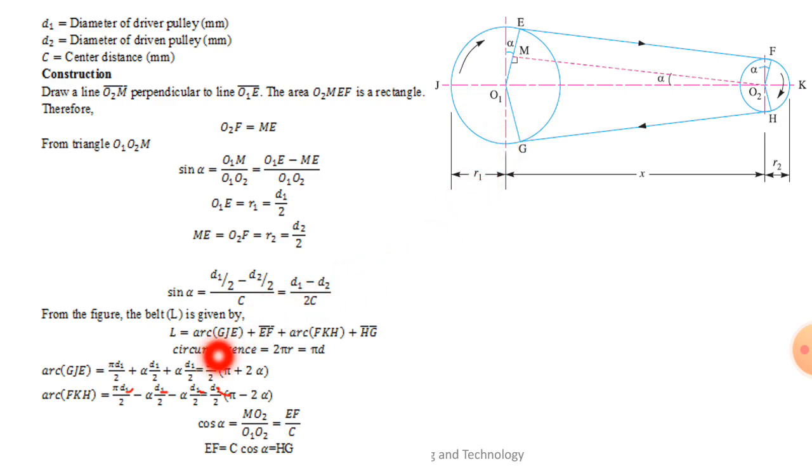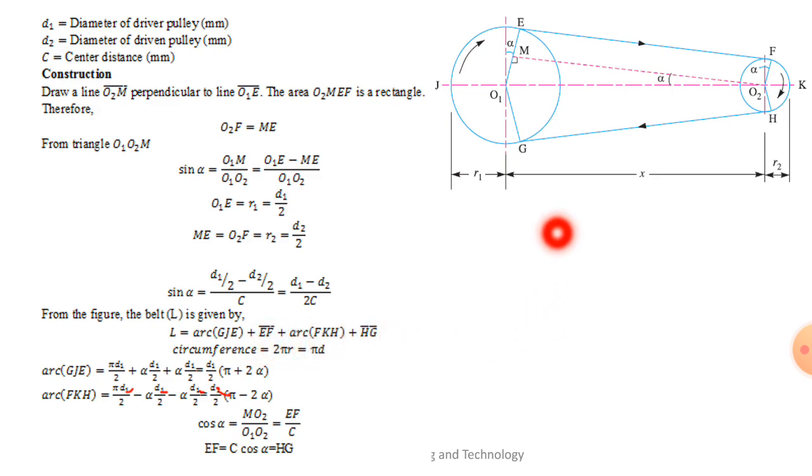So now you can take d1 divided by 2 common outside. You will get pi plus 2 alpha. So that is the arc length GJE.